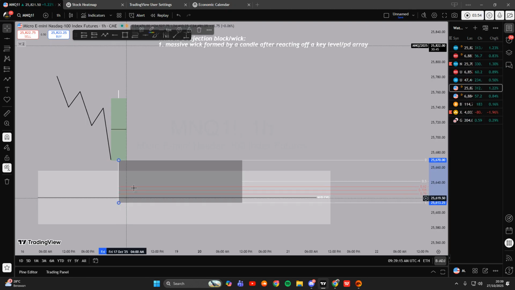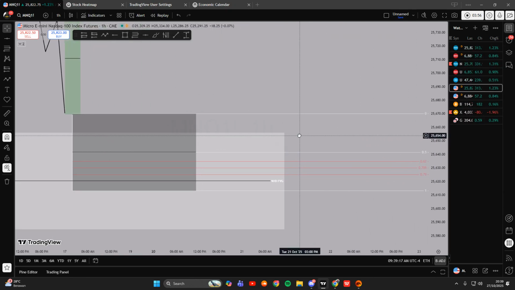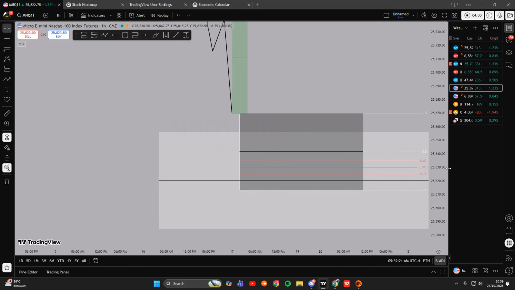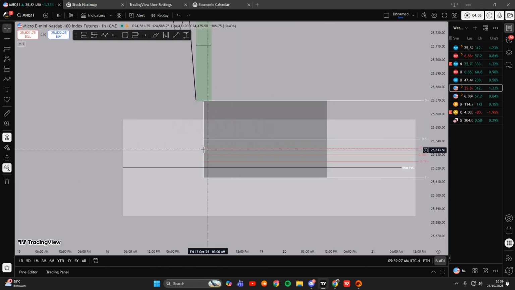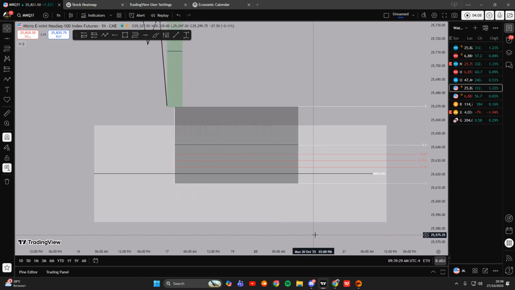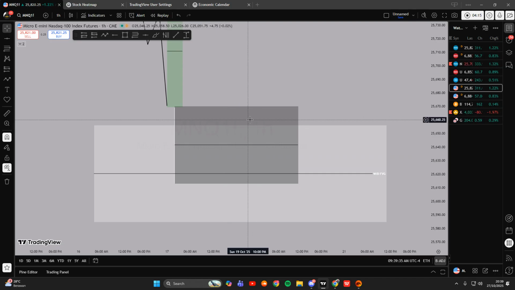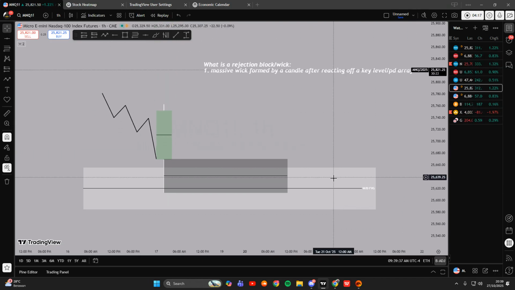On the right here, this would be the CE, 50%. This would be the OTE, which I usually like to take off the 0.705 or the 0.79. Those are the levels that react crazy, but usually CE works.